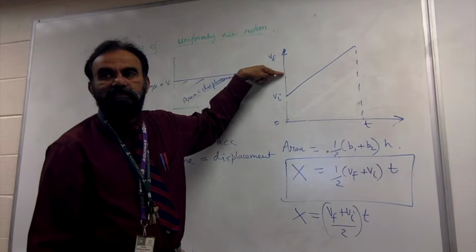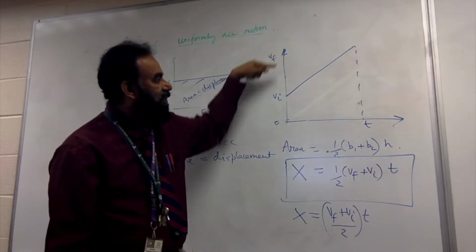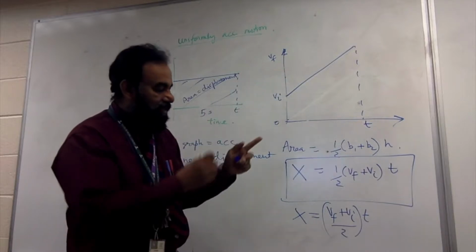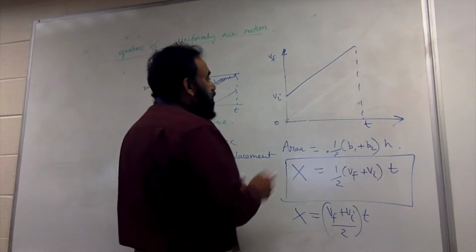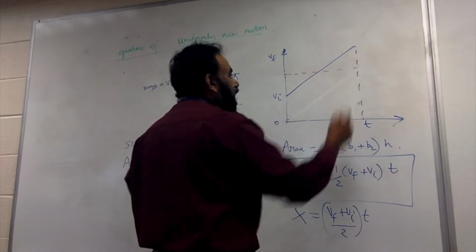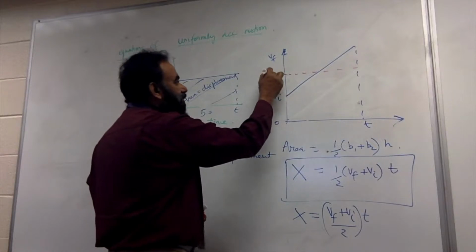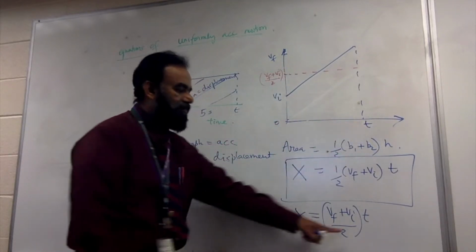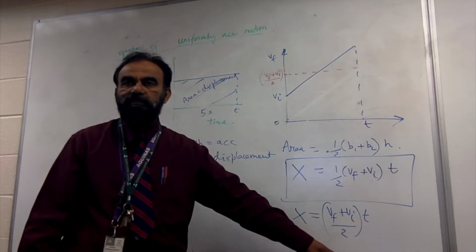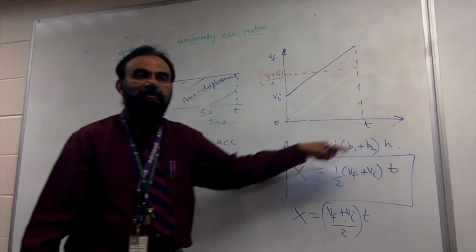That's the mean, the average. So this is Vf, this is Vi, and the middle is this. So if, instead of going from Vi to Vf, I had traveled like this, I would have gone the same distance. So what is this? It's Vf plus Vi divided by 2, and you travel for the same time. Look, this rectangle here should have the same area as the trapezoid.